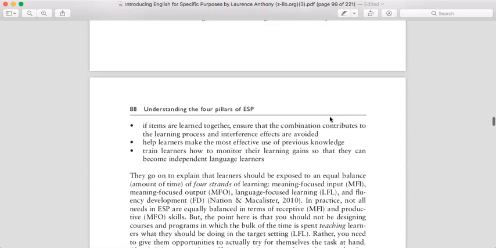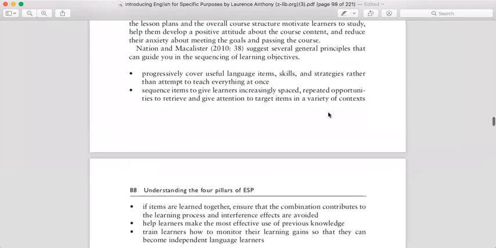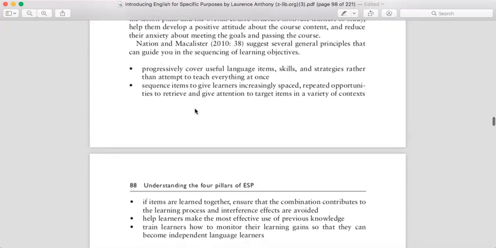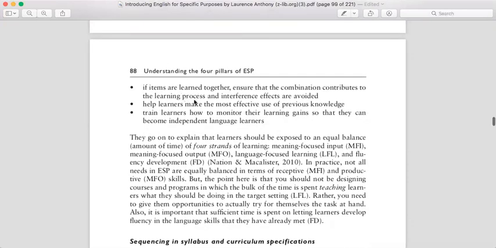Now, one way is you take things progressively, one at a time, be them the language items, be them the skills, be them the strategies. This is one way. Another way is teaching everything together. You are teaching them dialogues along with the structures, with the speaking skills.